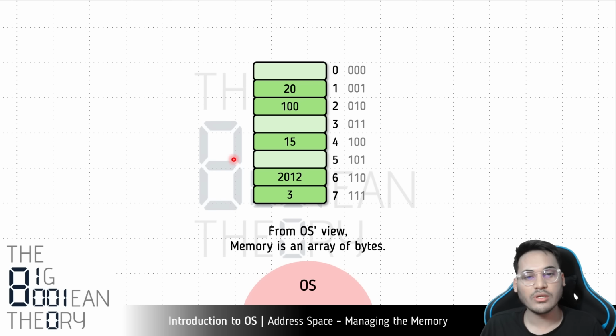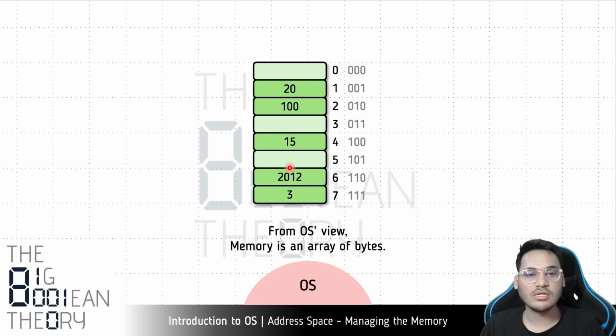Here in this figure, we have a very simple memory of 8 bytes, or 8 locations. With each storage location, we have a unique address associated with it. Since this memory has 8 locations, the addresses go from 0 to 7. These addresses are continuous in nature.